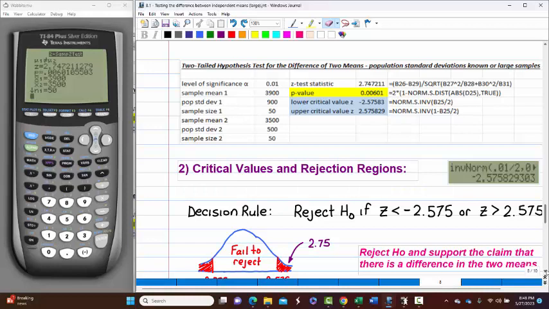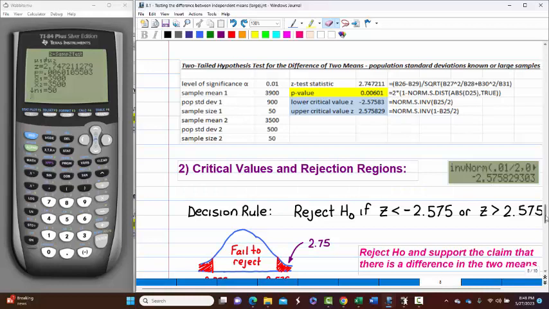So you can see the spreadsheet. Once you have that 0.01 in there and you see we're using the two-tailed hypothesis test, there's your two critical values. Using the calculator, you would have to go inverse norm 0.01 divided by 2, which gives you the left one, but we know that the left and the right one for any two-tailed test are the same numbers, one's negative, one's positive.